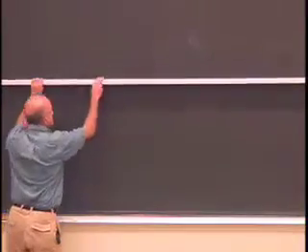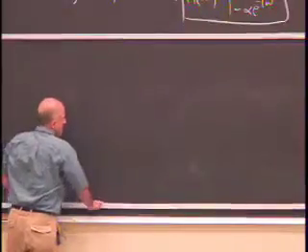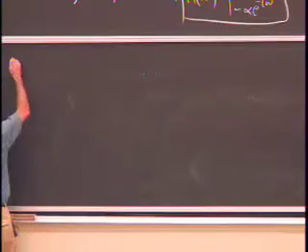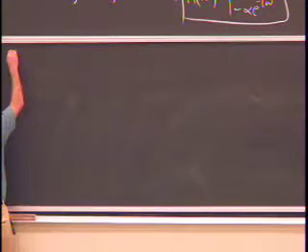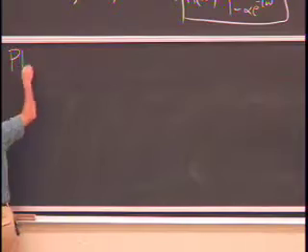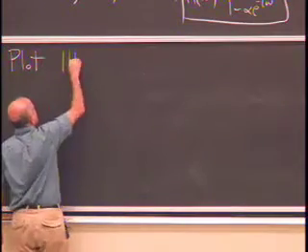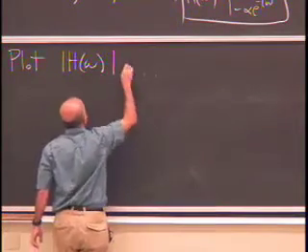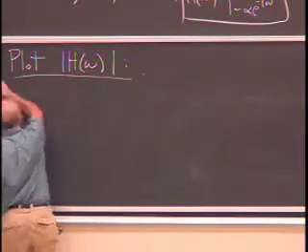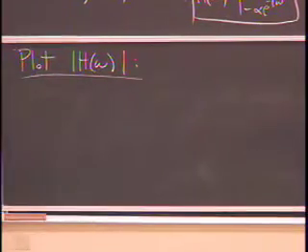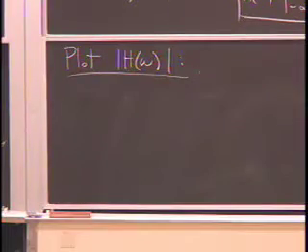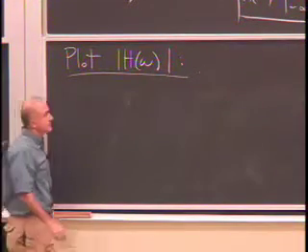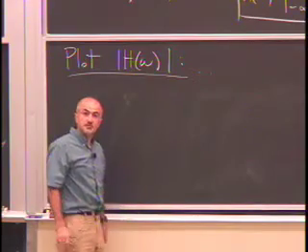Now let's talk about the frequency response, in particular the magnitude response. So plot H of omega. This is where we start using some geometric reasoning to get a feel for how this filter behaves.